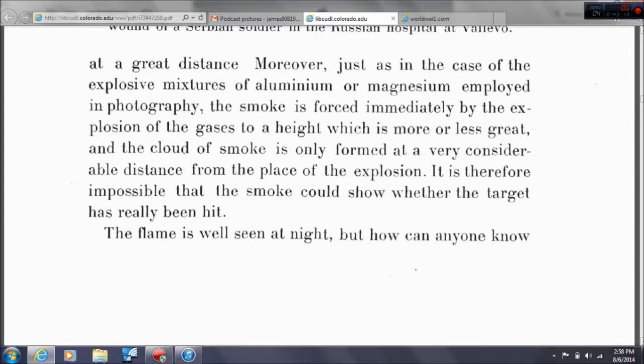Not only does he provide pictures of the wounds, but the ammunition itself, which we went over, and interviews with captured Austro-Hungarian soldiers, which allowed him to provide further evidence.